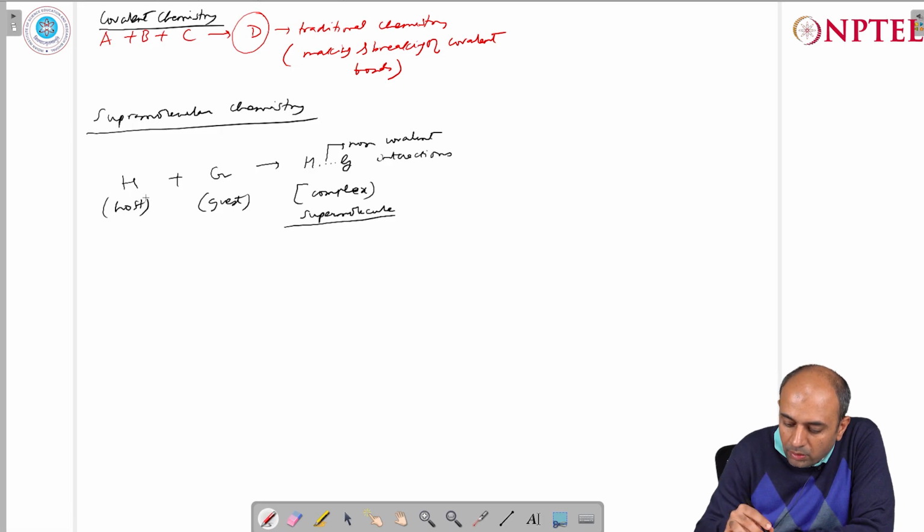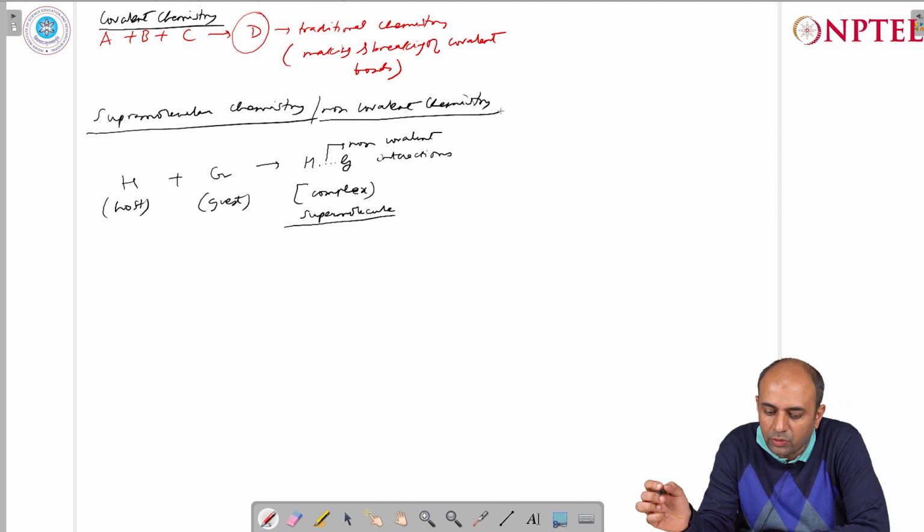So there is no bond making or bond breaking involved, but what happens is a supramolecular association between the host and the guest to form a new species of supramolecular origin. And this distinguishes covalent chemistry from supramolecular chemistry. We also call this non-covalent chemistry: the chemistry of the non-covalent bond.